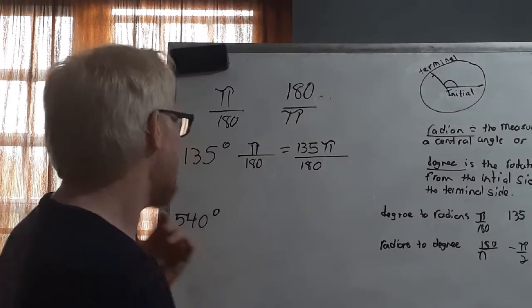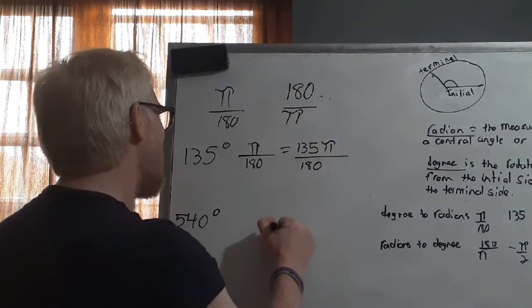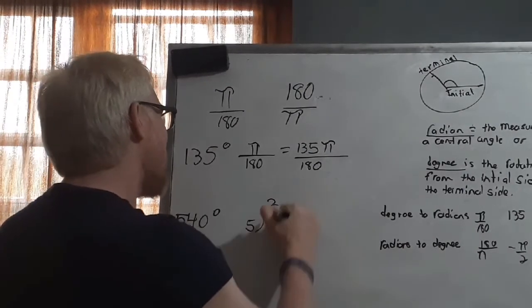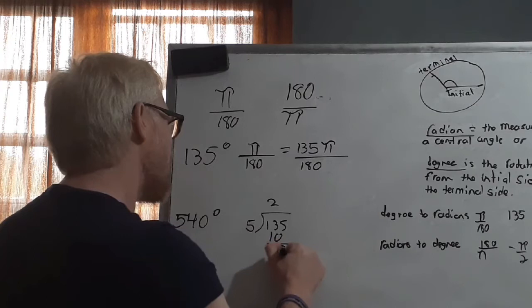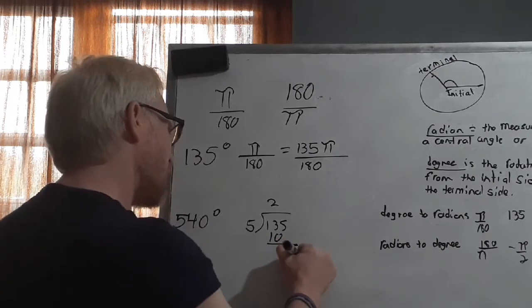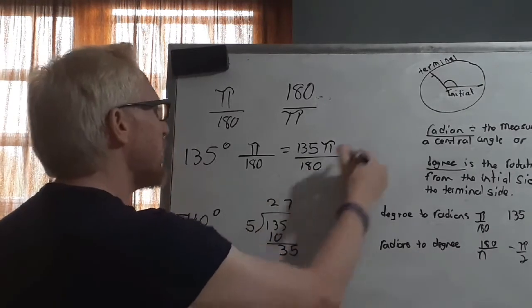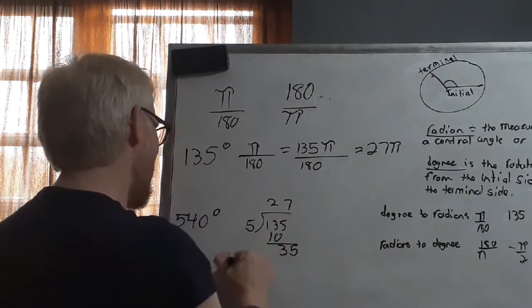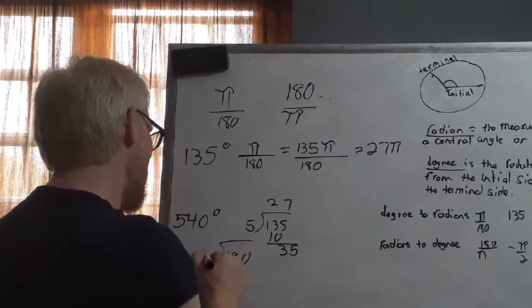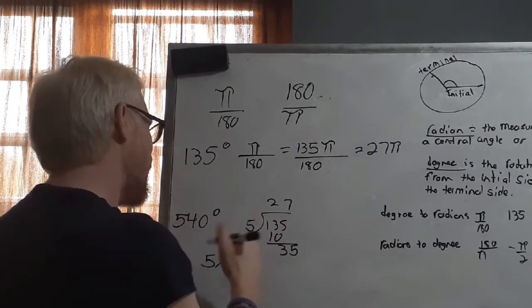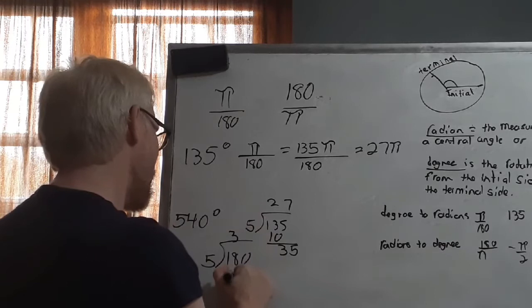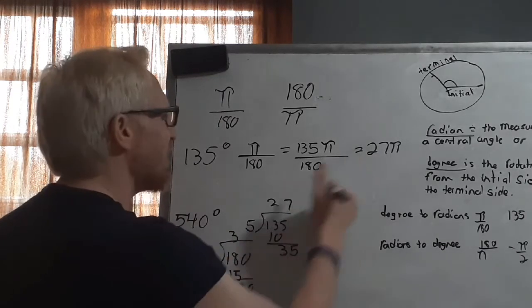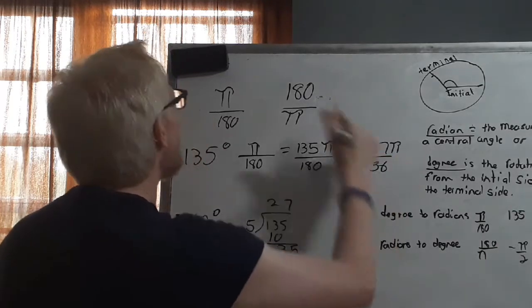So 135 divided by 5 is 27, and 180 divided by 5 is 36, so that would be 27 pi over 36.